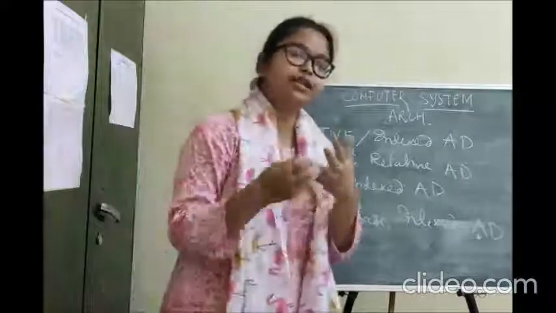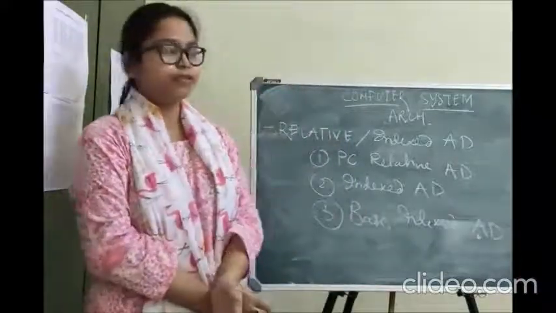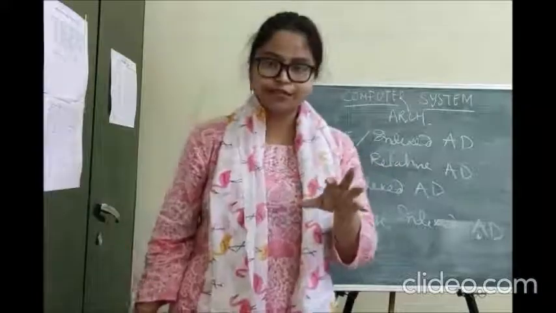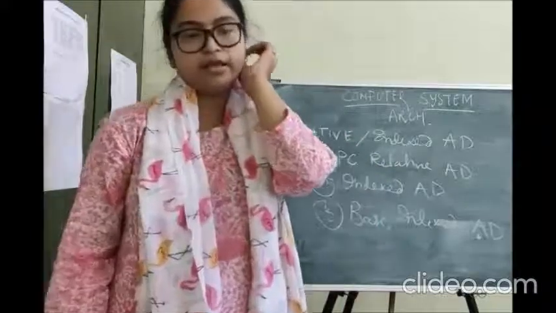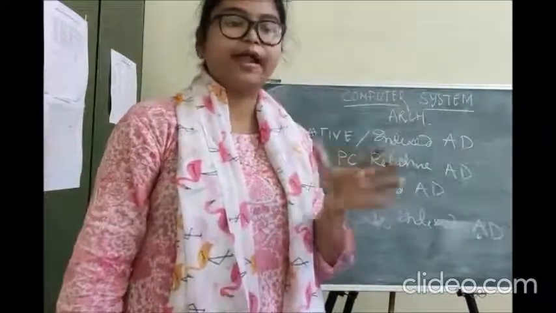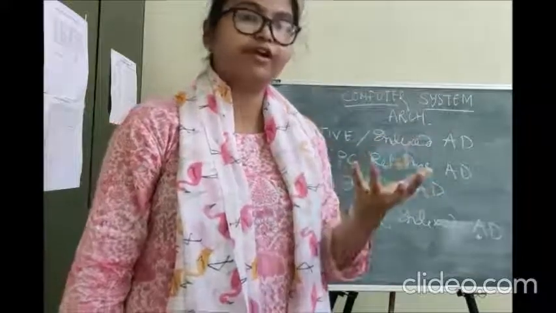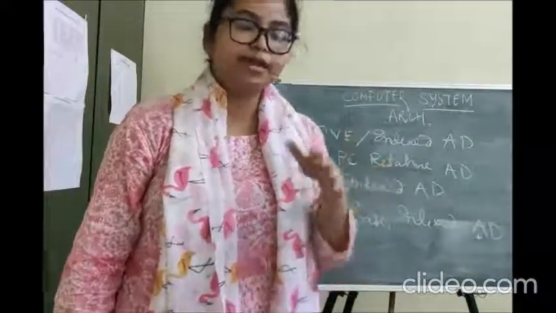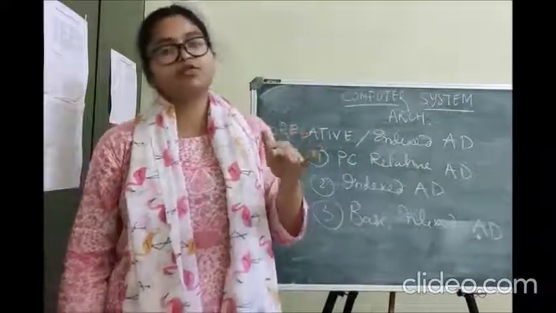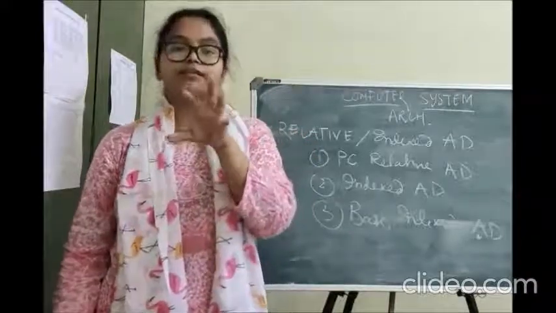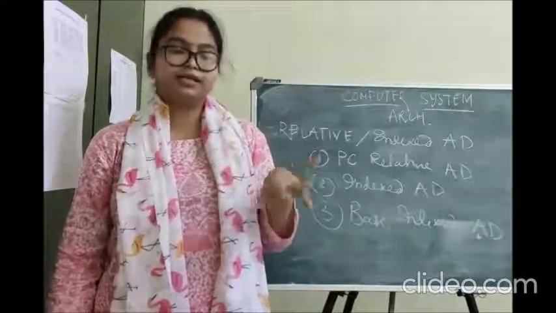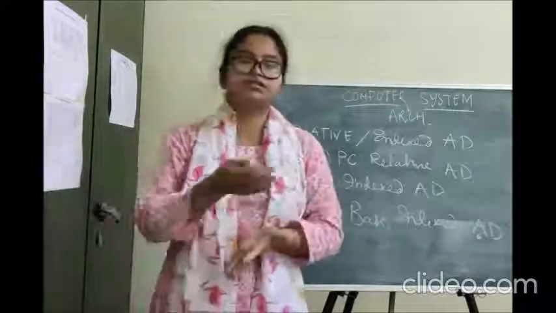So what happens in relative and indexed addressing mode? Along with one operand, we have to get the effective address. In any addressing mode, we always aim for getting the effective address. In some addressing modes, the effective address is directly given.